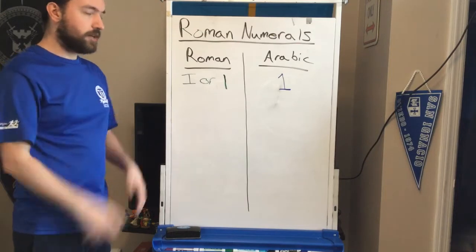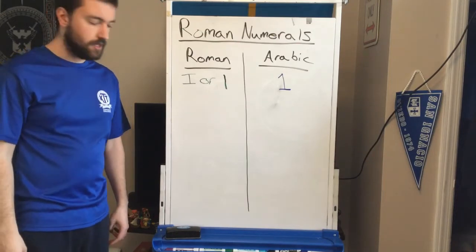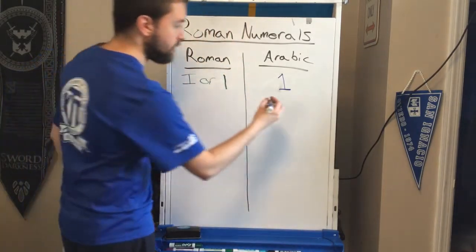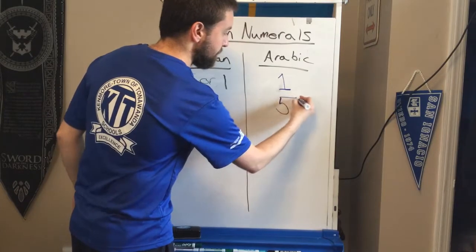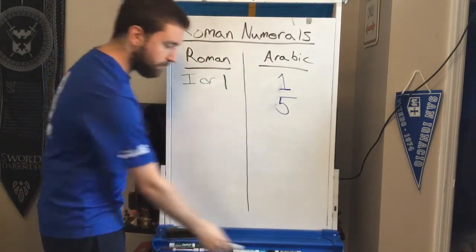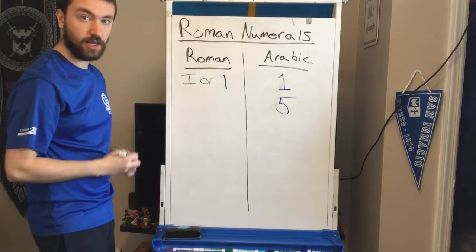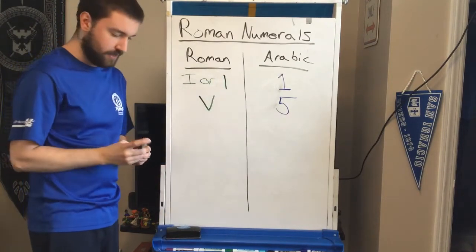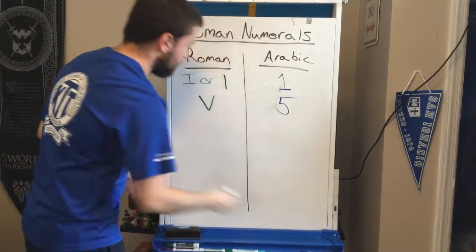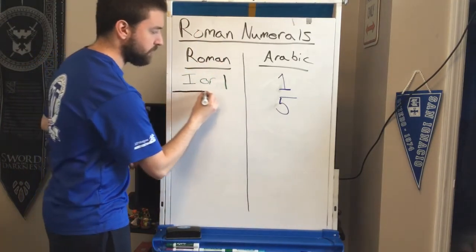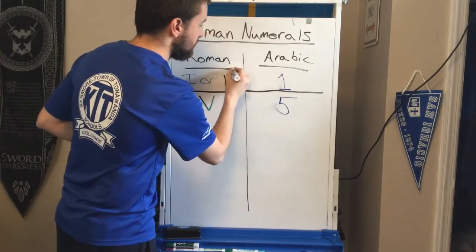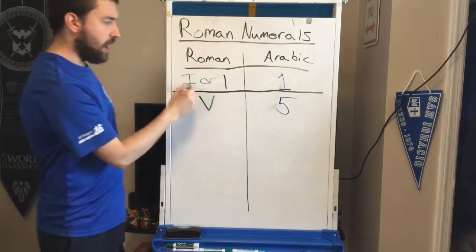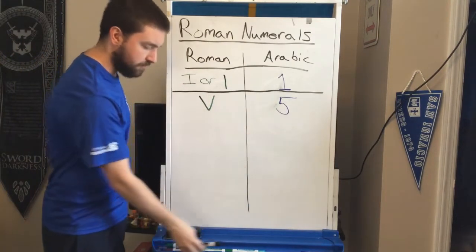Now, believe it or not, there isn't a symbol for 2, 3, or 4. The very next symbol we have in Roman numerals is 5, and the number 5 looks like the letter V. Let me just start dividing this up a little bit here so it's a little nicer to see. So now we have I is 1, V is 5.